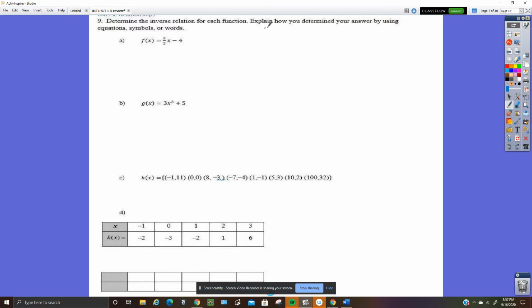Determine the inverse for each function. Explain how you determine your answer by using equations, symbols, or words. So the do table here would be multiply by 3/2 and then subtract 4.